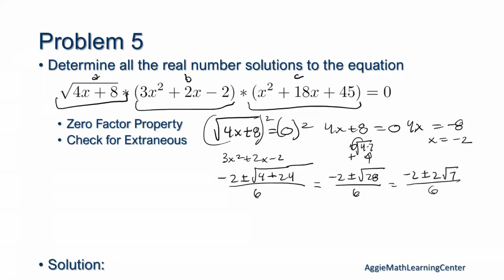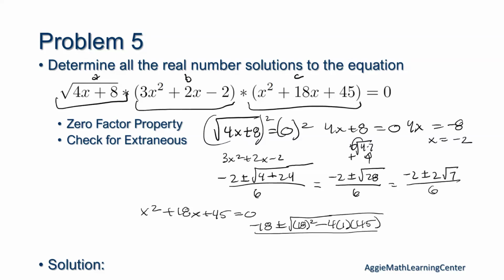And then finally we have x squared plus 18x plus 45 is equal to 0. I'm going to use the quadratic equation again. We have negative 18 plus or minus the square root of 18 squared minus 4 times 1 times 45, over 2 times 1, which is 2.